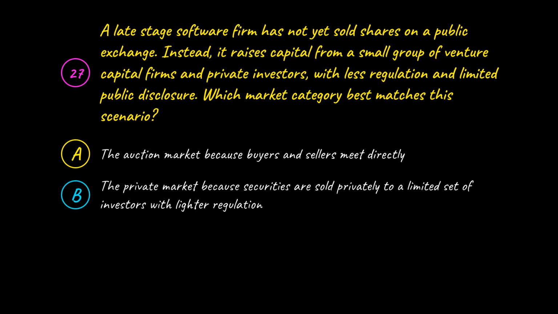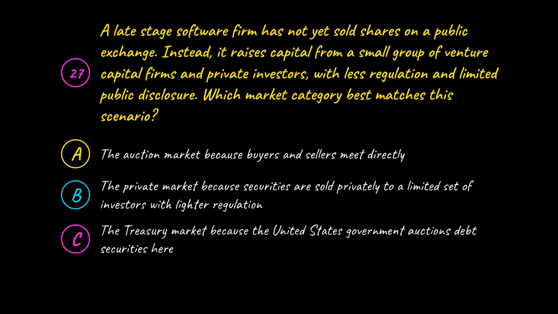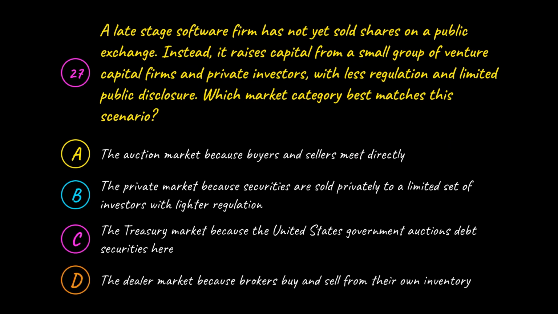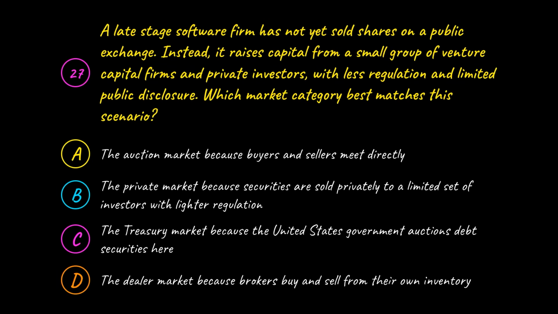B. The private market, because securities are sold privately to a limited set of investors with lighter regulation. C. The treasury market, because the United States government auctions debt securities here. D. The dealer market, because brokers buy and sell from their own inventory. Before I reveal it, which one do you think is right?